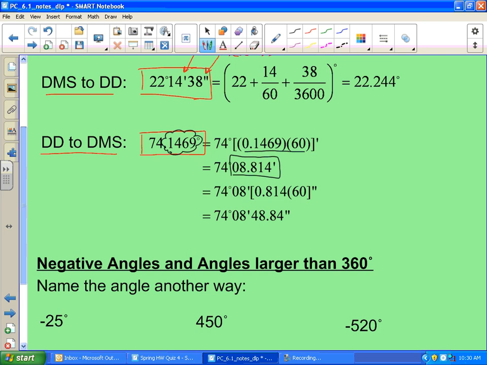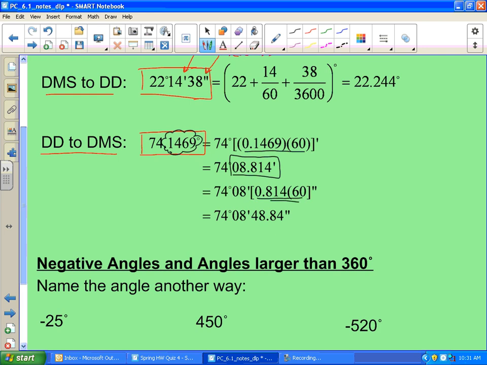An 8.814. Now I put a 0 in front of that because minutes, usually you have 2 decimal places, right? For minutes, ones place, tens place. So if I did 0.1469 times 60, I'm going to get 8.814. The decimal part of that, 0.814, now gets multiplied by another 60.